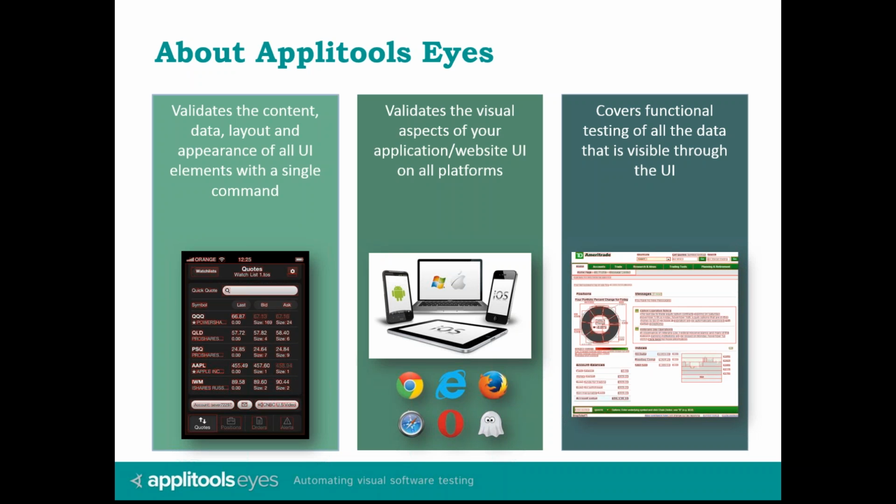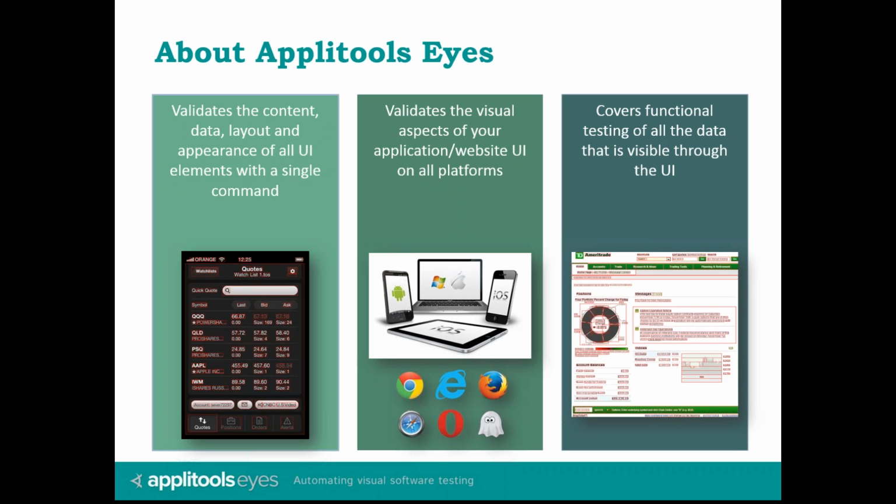It's also important to highlight that although the main differentiator of Applitools Eyes is that it allows you to validate automatically all the visual aspects of the application, it's also a very, very powerful tool. In fact, it's a game changer when it comes to doing functional validation as well.